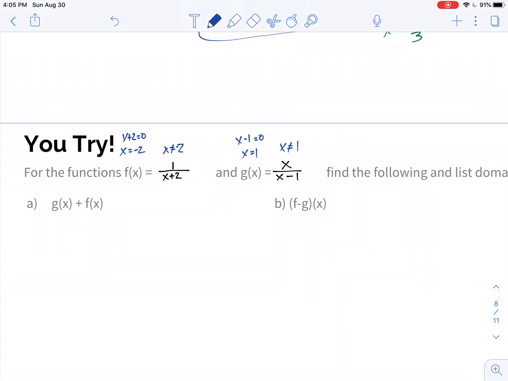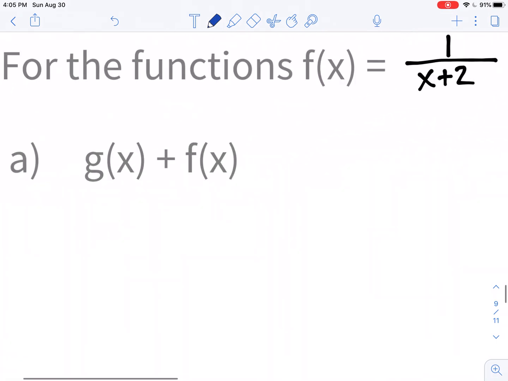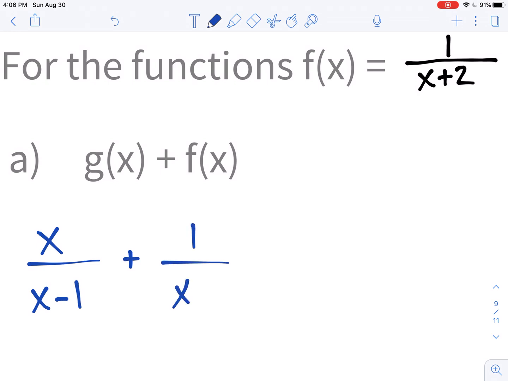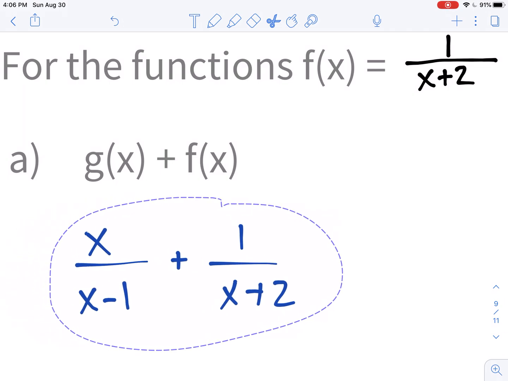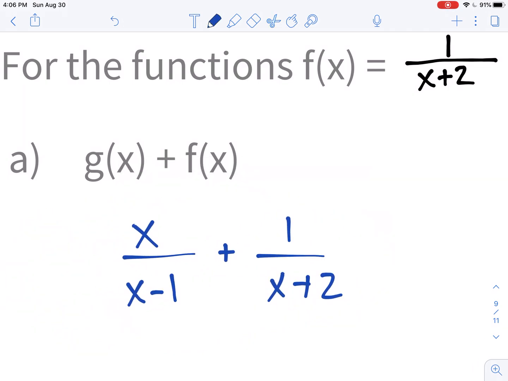And now I'm going to do f of x plus g of x. Well, these are tougher, and this is why I said they're tougher. So I've got x over x minus 1 plus 1 over x plus 2. This is actually more complicated because these are rational functions, and as rational functions, I still have to treat them as fractions.